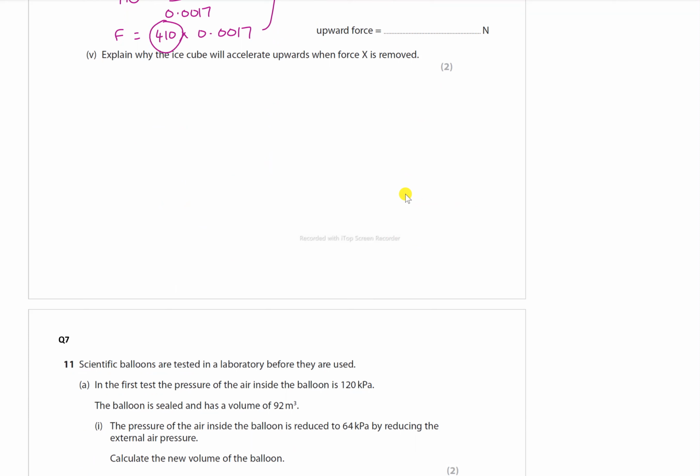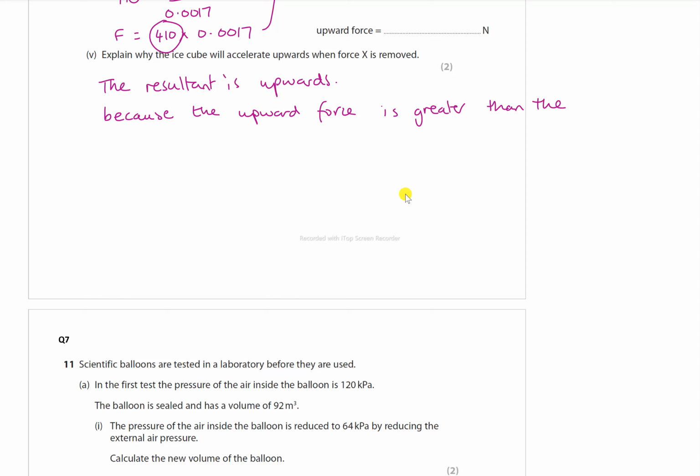That means the resultant force is upwards. Why is that? Because the upward force is greater than the weight of the cube.